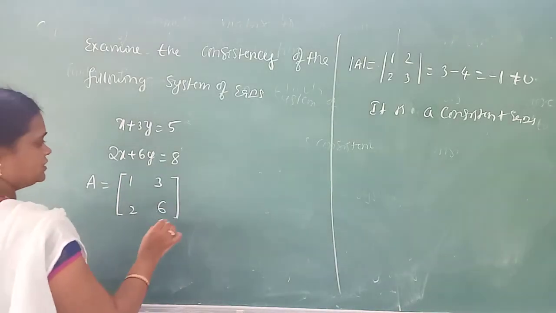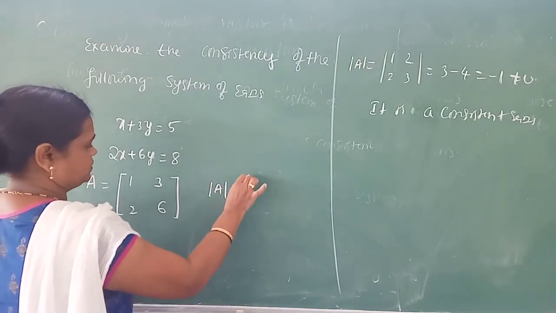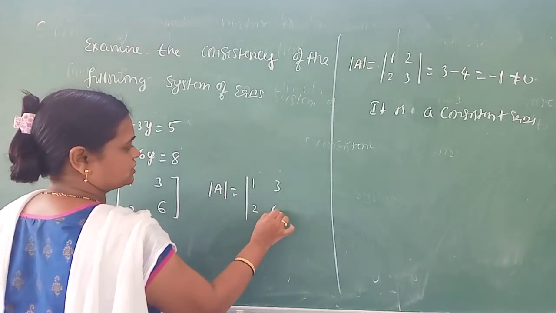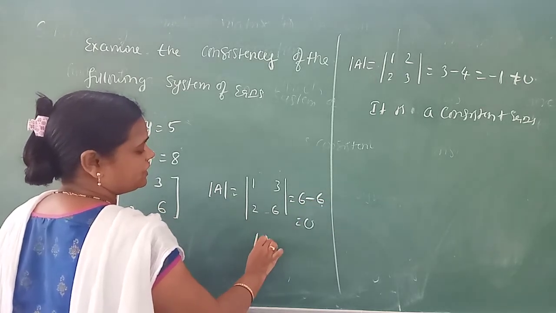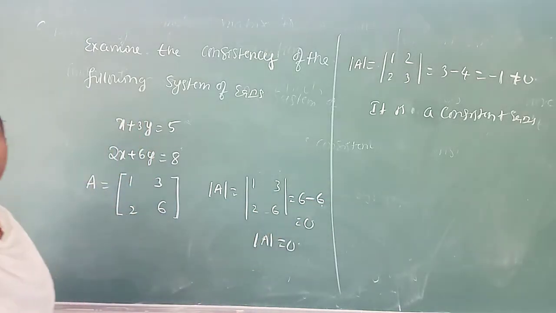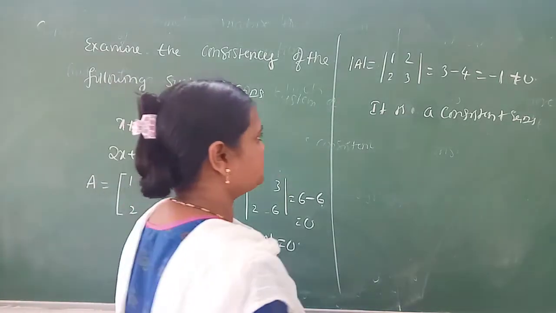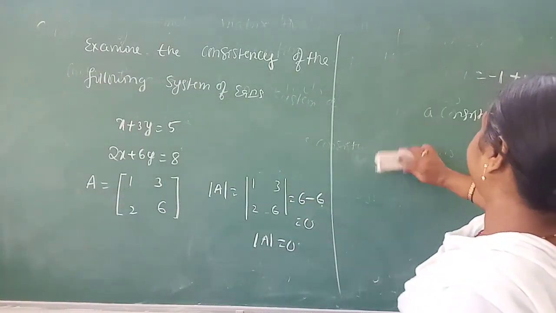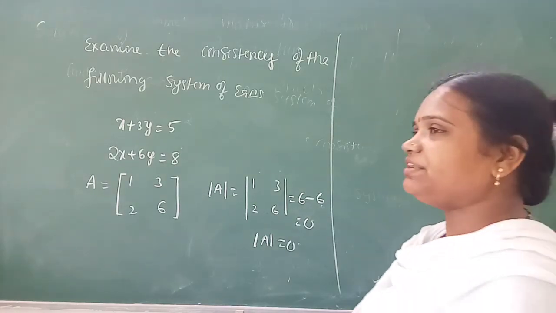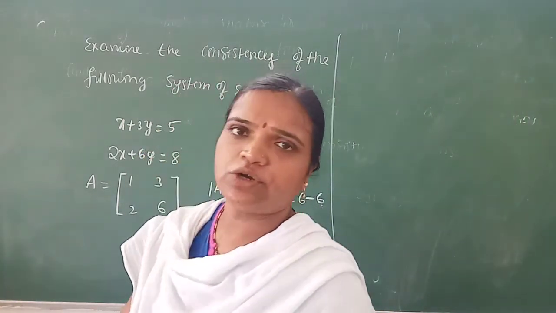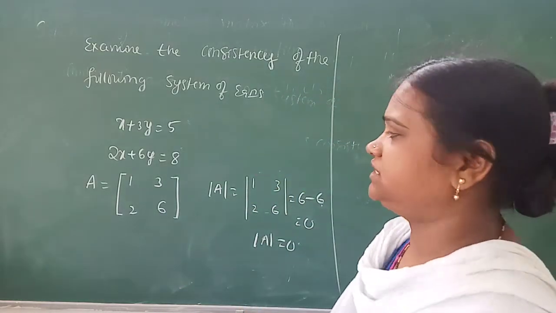That is the determinant A: 1, 3, 2, 6. We get 6 minus 6, which is 0. If determinant A equal to 0, there are two types of condition. We have to verify whether adjoint A into D is not equal to 0 or equal to 0. If it is equal to 0, infinitely many solutions. Not equal to 0 means it is not consistent.